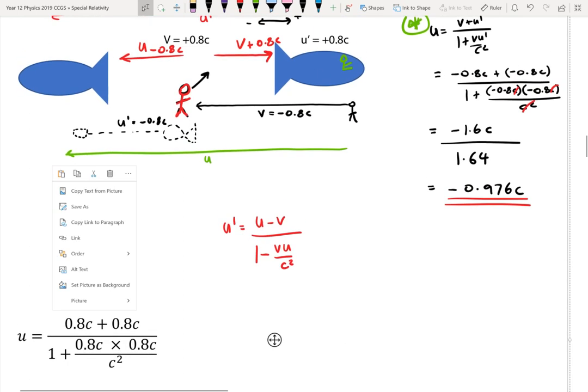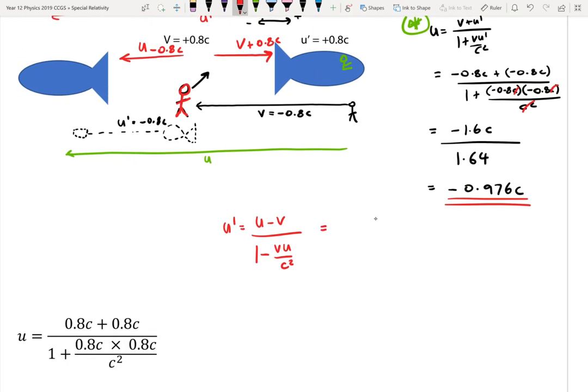So here we go. u prime equals negative 0.8c take positive 0.8c. That's nice because then we get a negative 1.6. Then 1 minus v, which is 0.8c, times negative 0.8c over c squared.